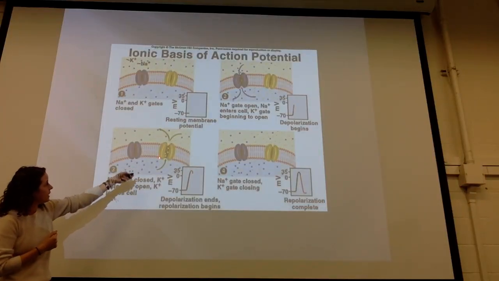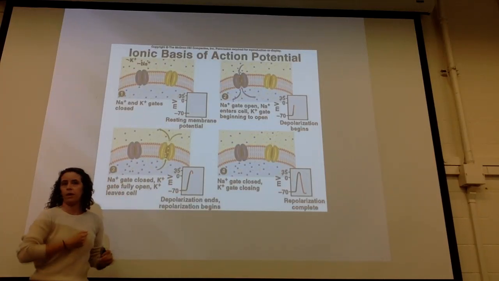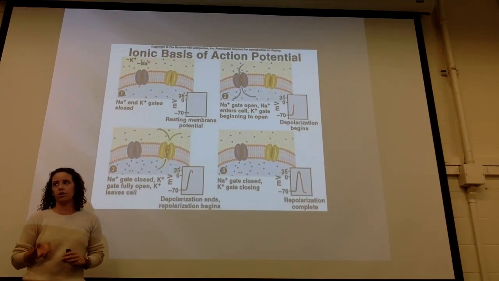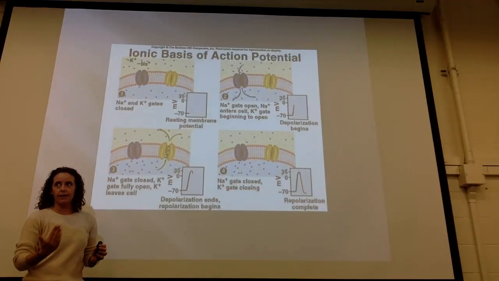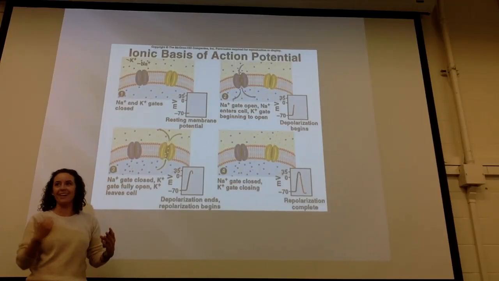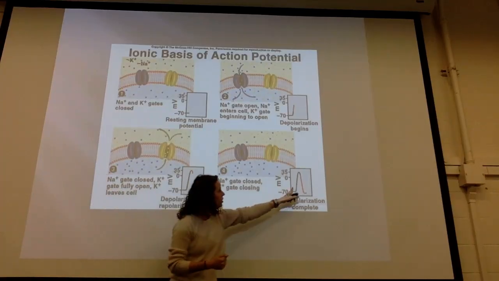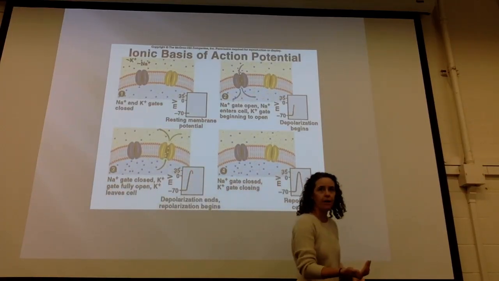But our potassium gate is still open, and now we have potassium leaving the cell. So we have positively charged ions leaving the cell. That is going to make the cell less positive. You could also think of it as more negative. And that will return us down to our resting state. That is called repolarization.